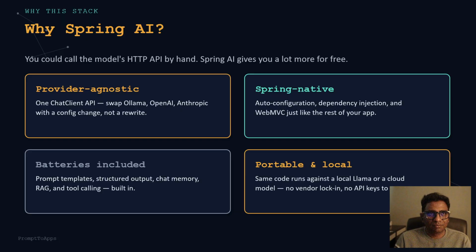Now, the important thing to understand is why we have chosen Spring AI as a tech stack. When we are writing an application, we should focus more on application logic than on how our Java is going to communicate with the language model, whether Llama models, OpenAI GPT models, or Anthropic Claude models.